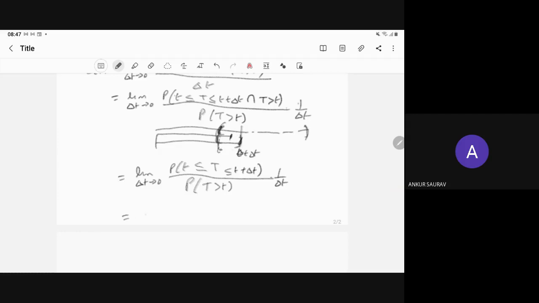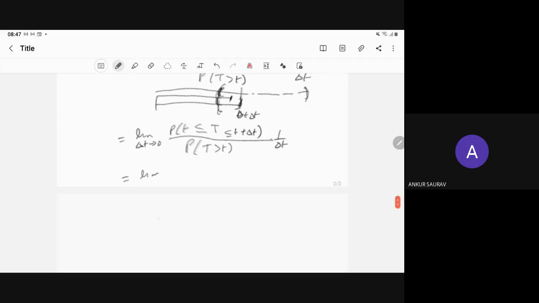This can be written as the limit as delta t tends to 0 of the probability of T less than t plus delta t minus the probability of T less than t, divided by delta t, times 1 upon the probability that T is greater than t.